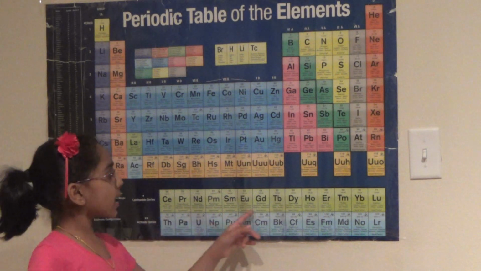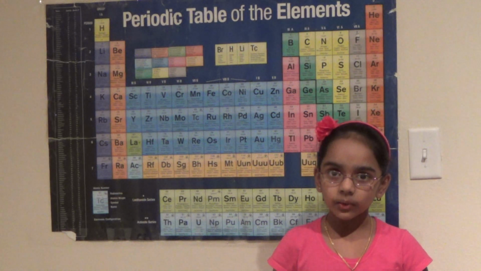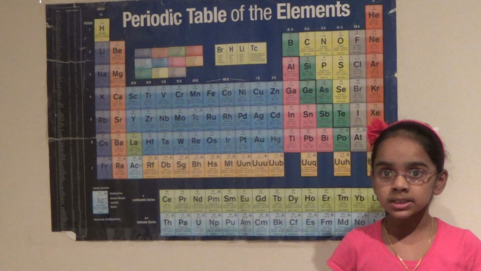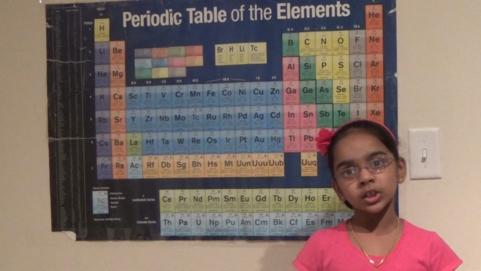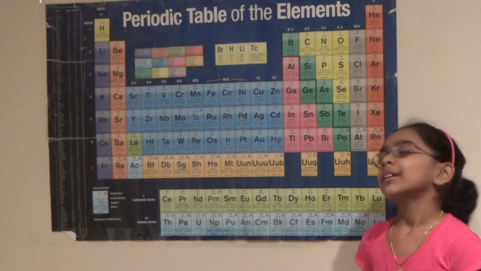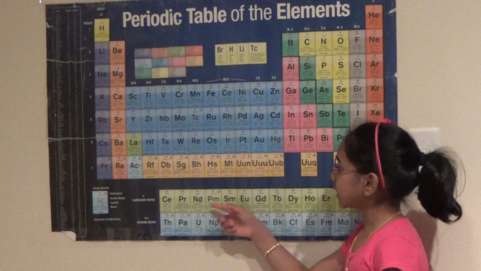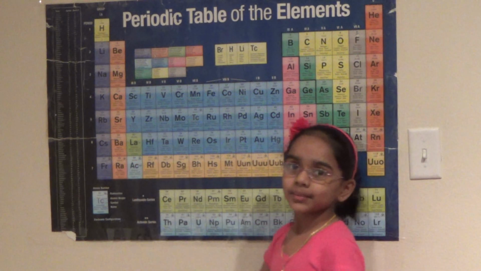The lanthanides actually have similar outer shells, but they have hidden, different inner shells. That makes people confused, and they argue about whether some elements belong to the group. And the leader of the lanthanides is lanthanum.